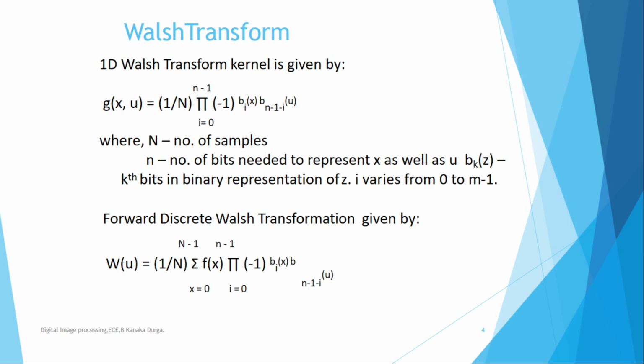So b_i of x, this value goes for 0. The same way you can calculate b_(n-1-i) of u also. So simply, we have to remember that the b_i values represent the binary values of x or of u.